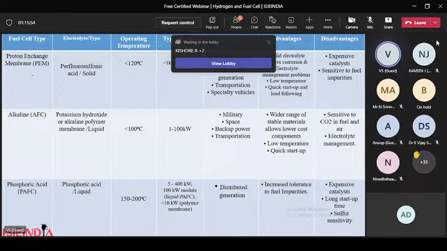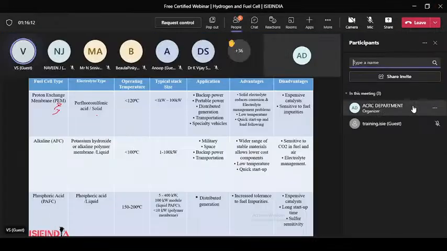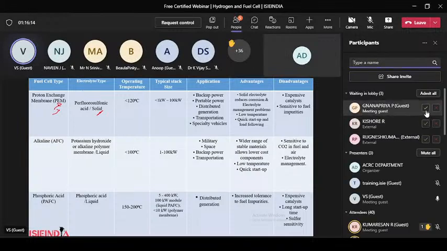Okay, so the first one is the proton exchange membrane. We have seen that Toyota uses the PEM only. The PEM, proton exchange membrane fuel cell, has a solid electrolyte. Now I think you must be clear on what an electrolyte is.